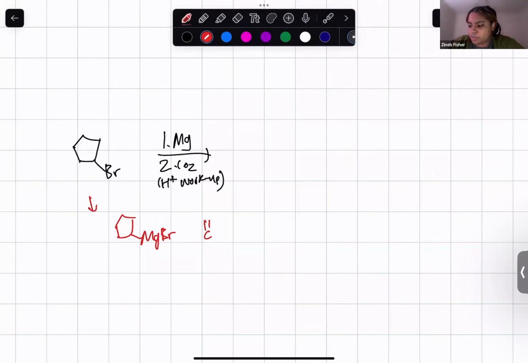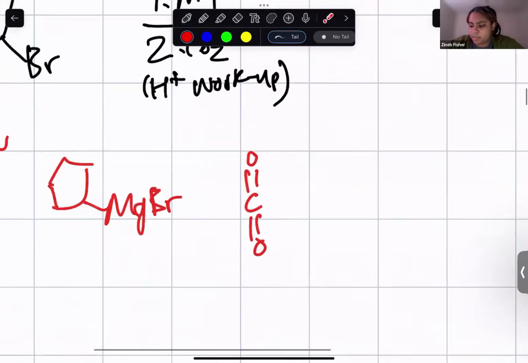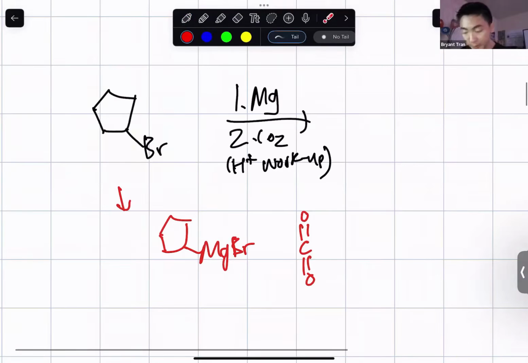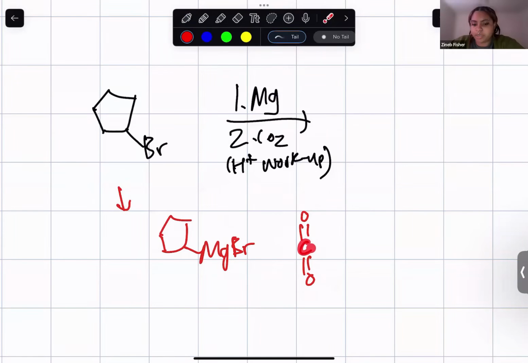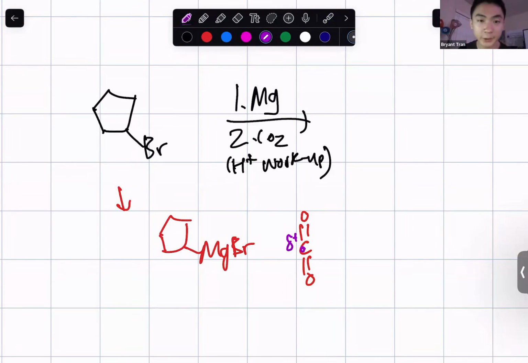And then the CO2 would attack the carbon. So the CO2 here, what charge is this carbon here? Is it negatively charged or positively charged? Positively charged. So it cannot attack anything. It's going to get attacked, right? Because the things that will attack something are negatively charged.